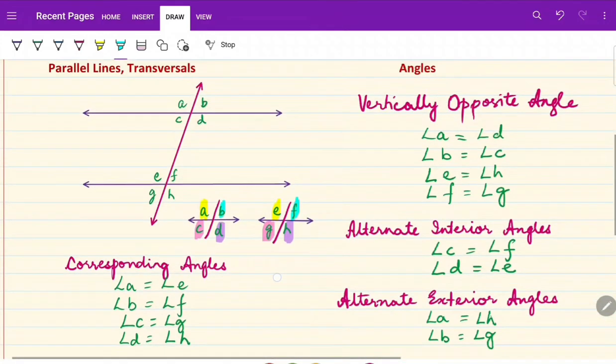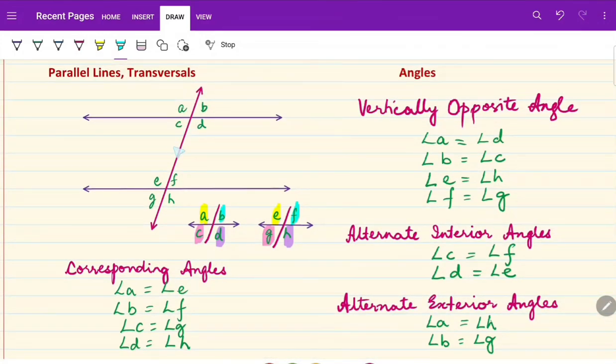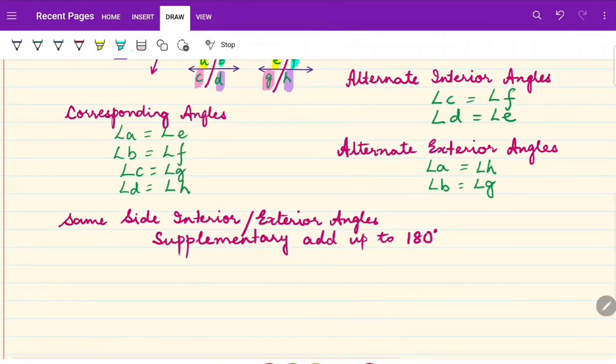All right. So over here in this figure, the same side interior angles would be C and E, D and F. These are same side interior angles. All right, so that means angle C plus angle E will add up to 180 degrees.